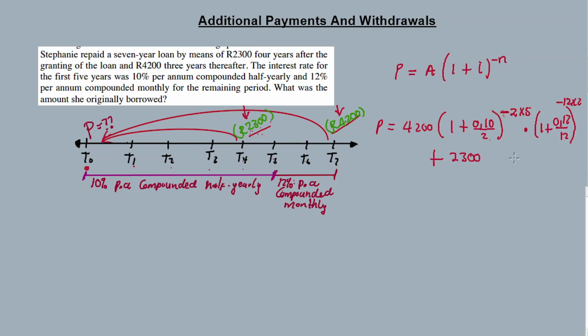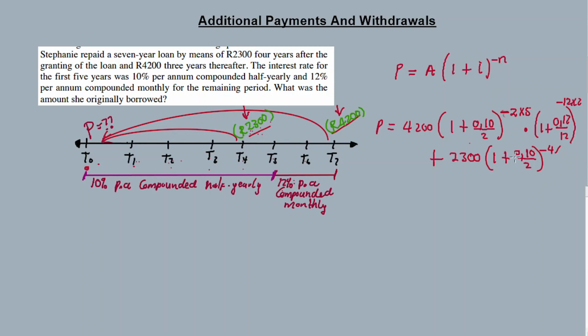2,300, and then for 1, 2, 3, 4 years, so it's 1 plus 0.10 divided by half yearly, so it's minus 1, 2, 3, 4, so it's 4 times 2.